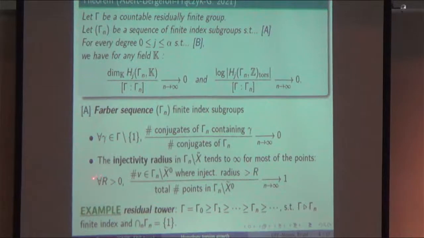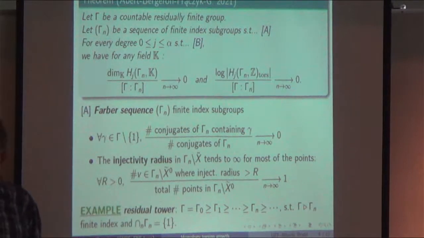Okay, so more precisely, for every R, size of the ball or injectivity radius, you want that the number of vertices in the 0 skeleton of x tilde mod gamma n where the injectivity radius is larger than R, divided by the total number of vertices, tends to 1.